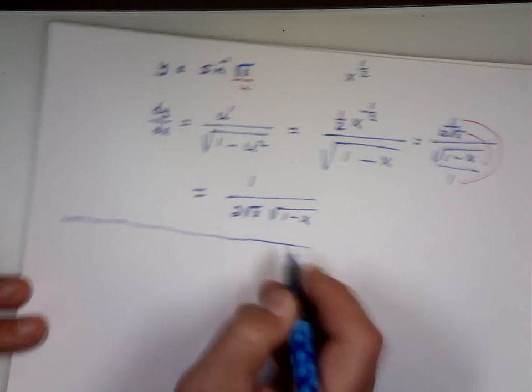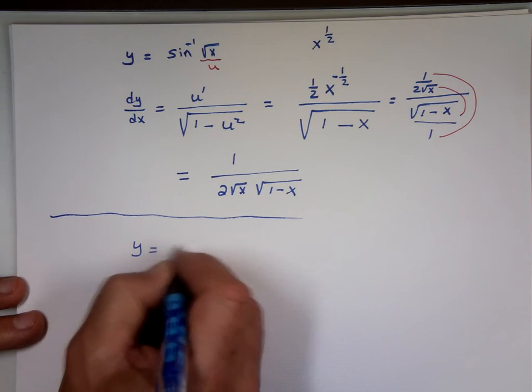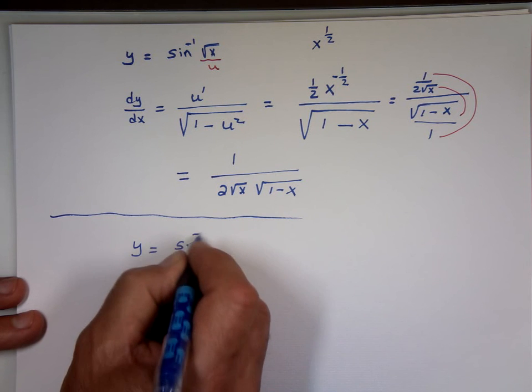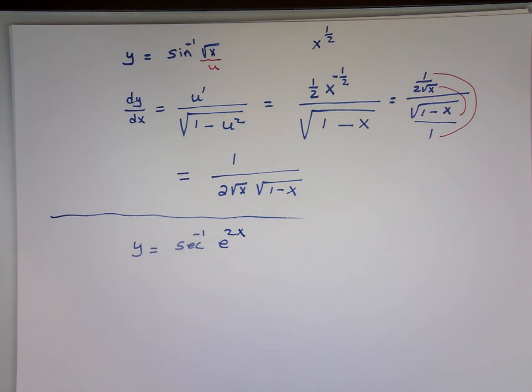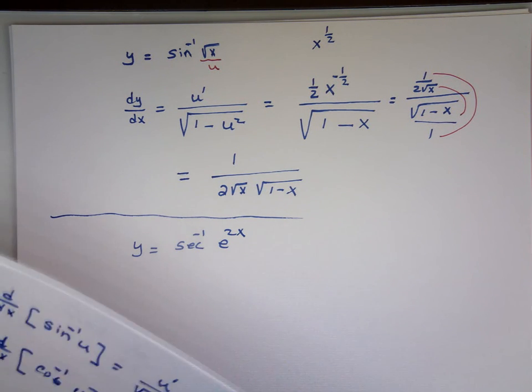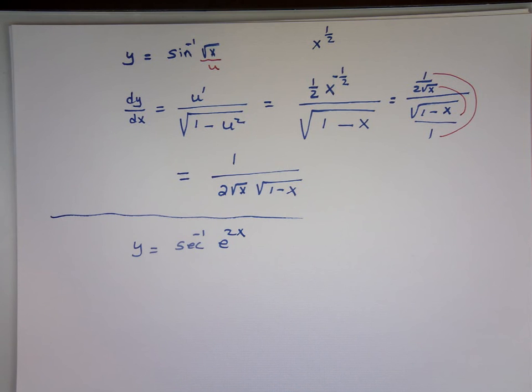Y equals, let's have fun, inverse secant of e to the 2x. Ooh. Inverse secant. Again, this is your u right there.